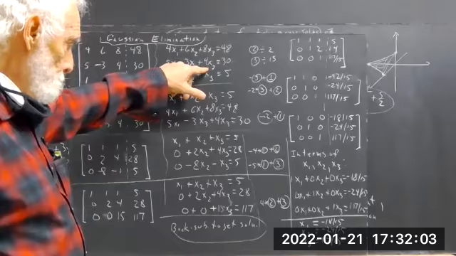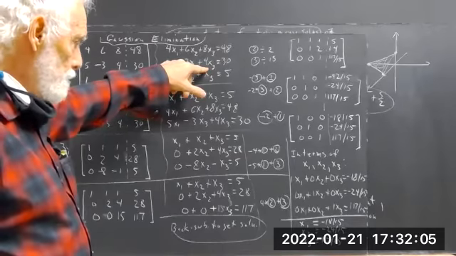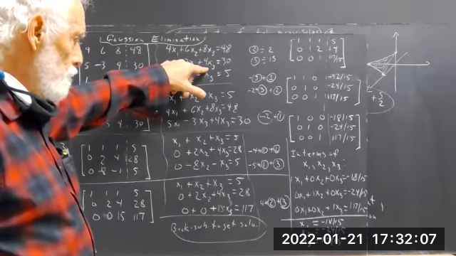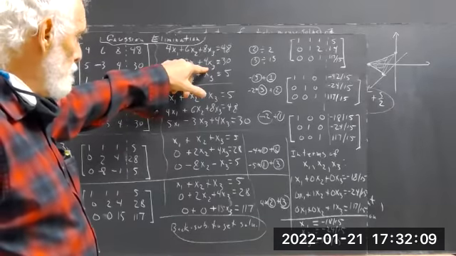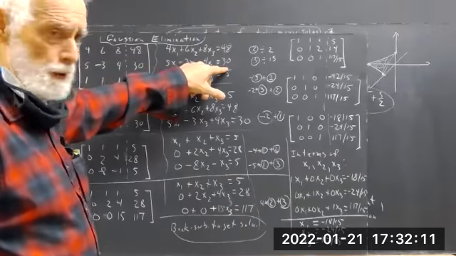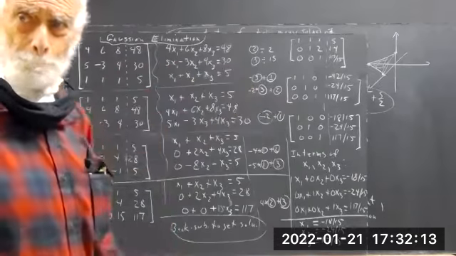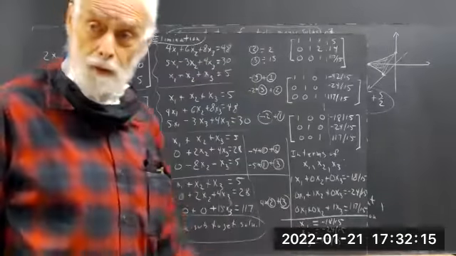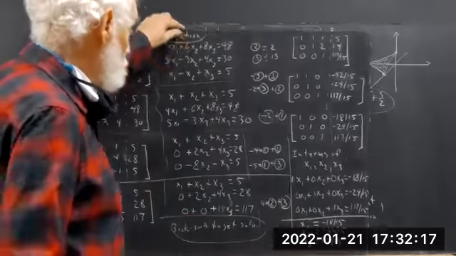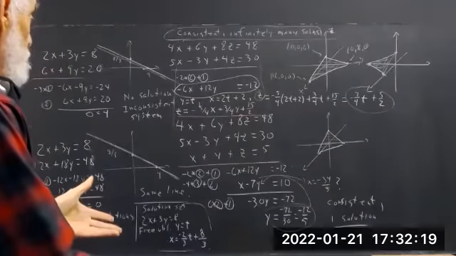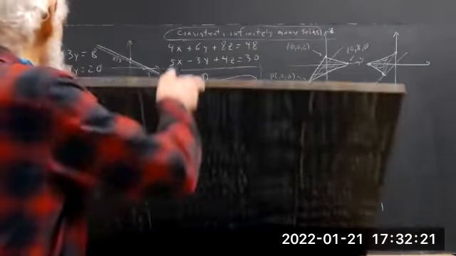Plus 468 is 450. And 30 times 15 is 450, isn't it? I think I got it right this time. Makes me wonder what I did wrong over here, but obviously there was something.